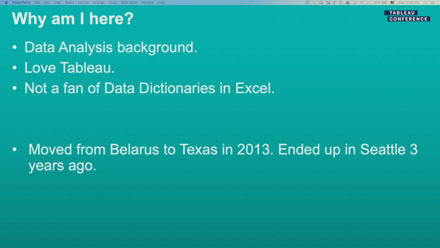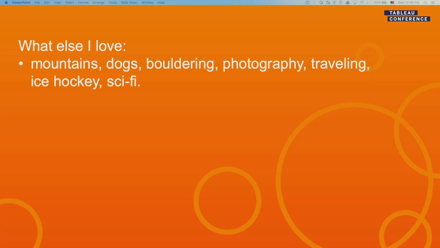I moved from Belarus, and this is where the accent is coming from. I moved from Belarus to Texas in 2013, and I ended up in Seattle 3 years ago. So I'm from Seattle. What else I love? Well, mountains. Seattle is awesome for that. And Belarus is, by the way, super flat. So that was a great change of scenery.